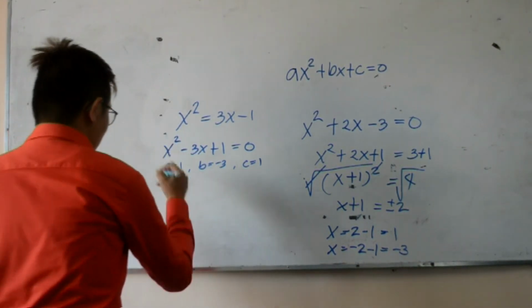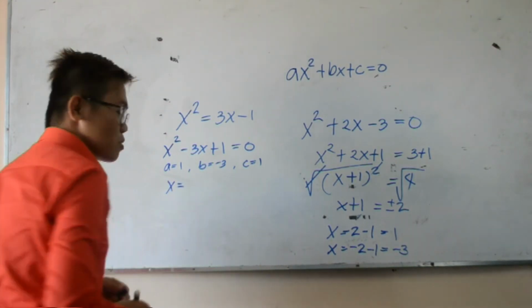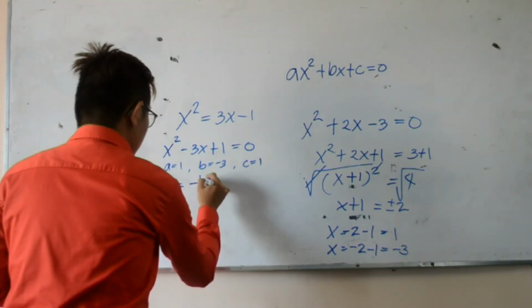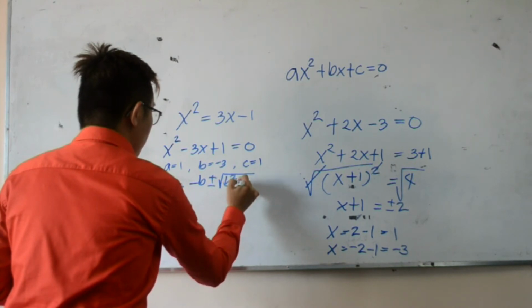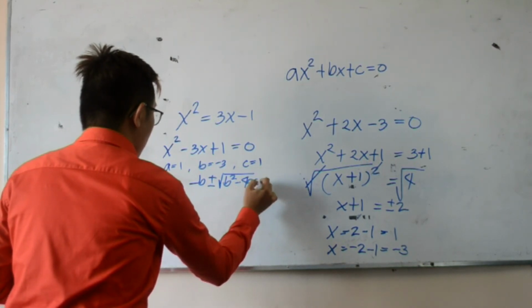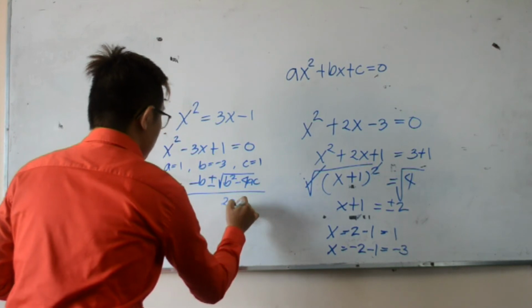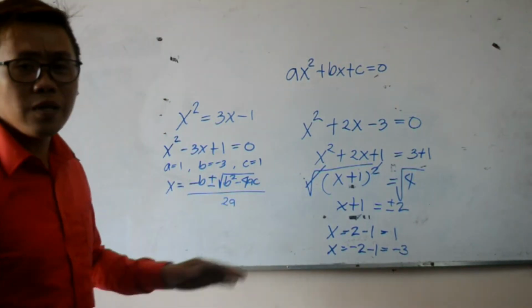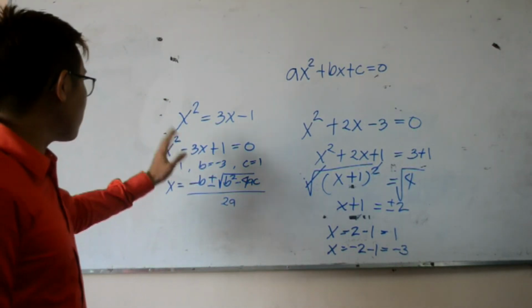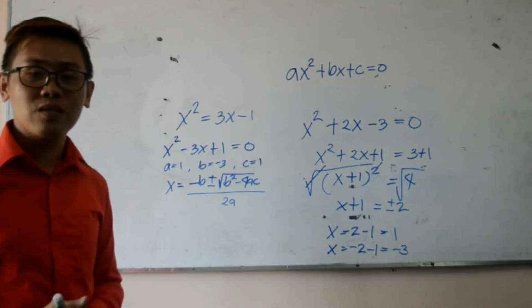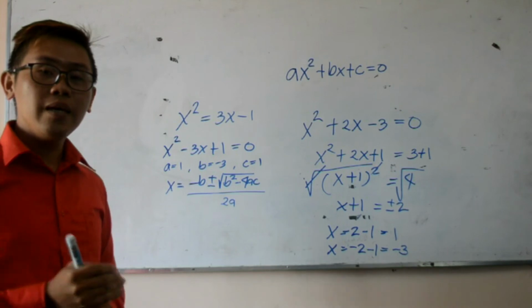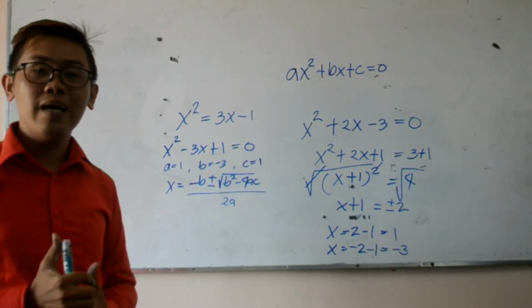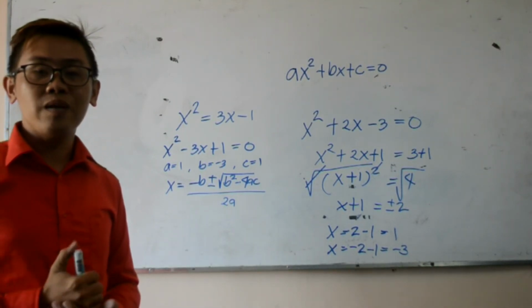Quadratic formula is equal to negative b plus and minus the square root of b squared minus 4ac all over 2a. We will be using this formula in order for us to solve the quadratic equation. Just substitute the value of a, b, and c in the given quadratic formula and simplify the problem.